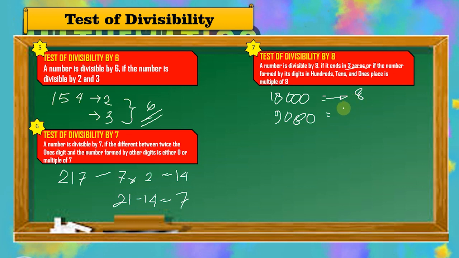So you have to check the last three digits. We have 0, 8 and 0, or we can say 80. If 80 is divisible by 8, it means 9,080 is divisible by 8. In this case, we know 80 is divisible by 8, so 9,080 is divisible by 8.